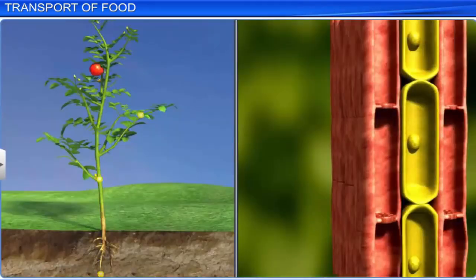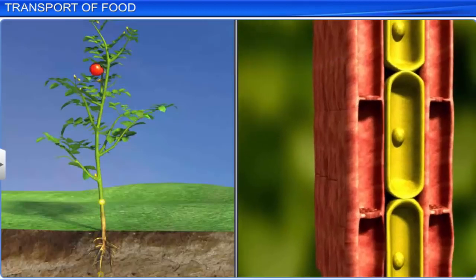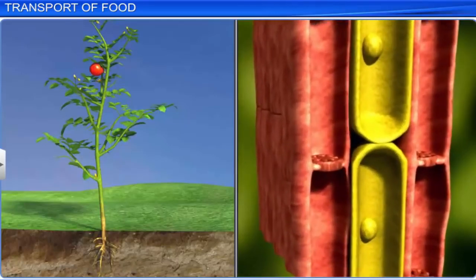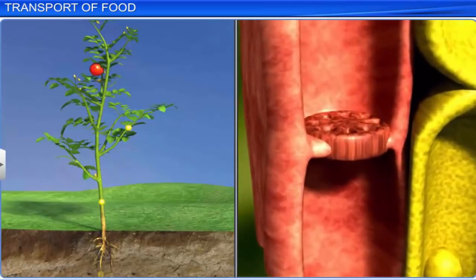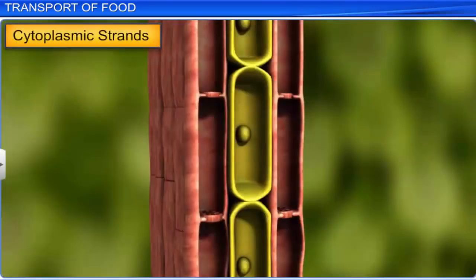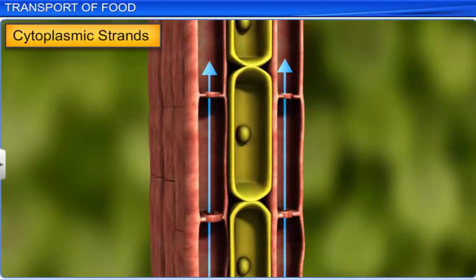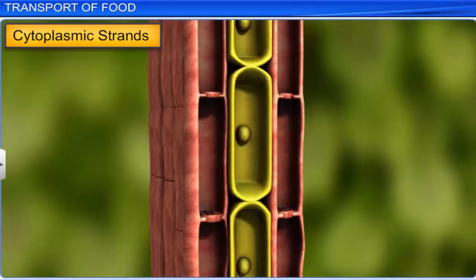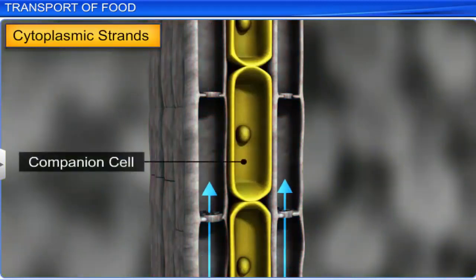Phloem tissue is made up of sieve tube cells, which are long columns with holes in their end walls. These holes are called sieve plates. Cytoplasmic strands pass through these sieve plates to form continuous filaments. However, most of the cellular functions of sieve tube cells inside the phloem are carried out by companion cells.